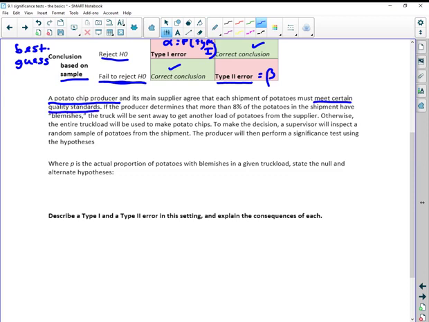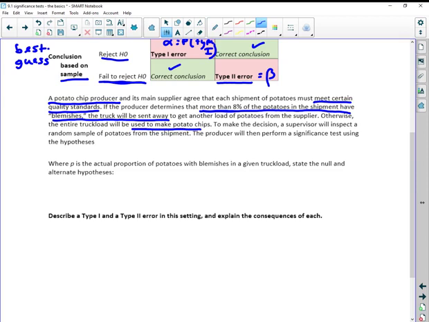We've agreed with our supplier that if more than 8% of the potatoes in the shipment have blemishes, we don't want them. We're going to send that truck away. We want a different load of potatoes. But if we see that this is not the problem, then we're going to use that truckload and we're going to make some potato chips.